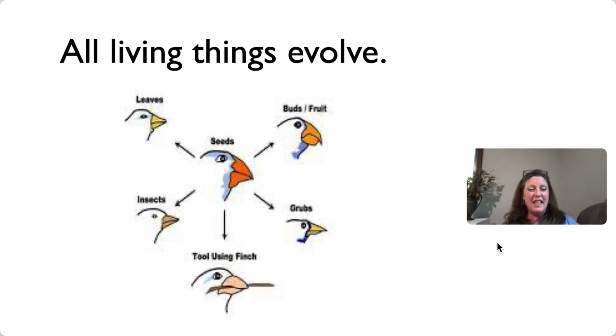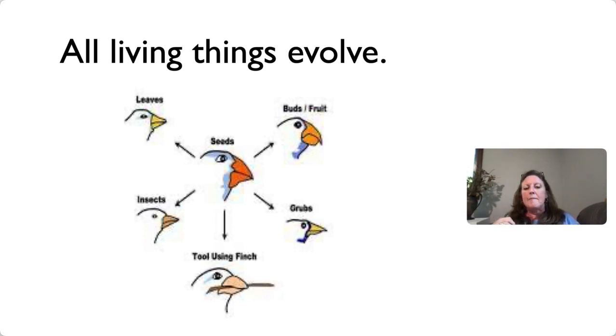So all living things evolve. Take the example of finches' beaks, which is actually what Charles Darwin was observing that helped him come up with the original theory of evolution. You have a population, let's say on an island, of birds that all have this shaped beak.